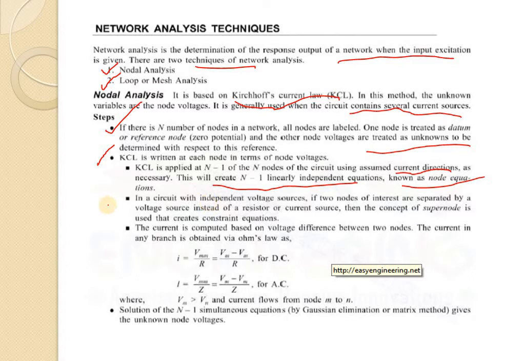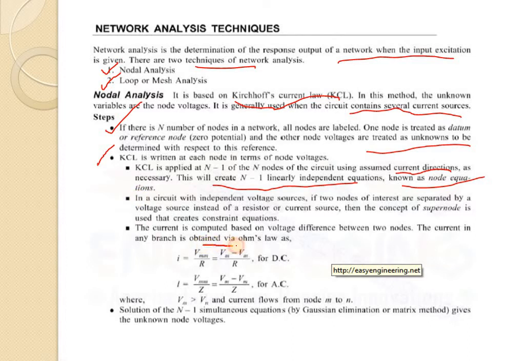In a circuit with an independent voltage source, if two nodes of interest are separated by a voltage source instead of a resistor or current source, then the concept of supernode is used. That creates constraint equations. The current is computed based on the voltage difference between two nodes. The current in any branch is obtained via Ohm's law.